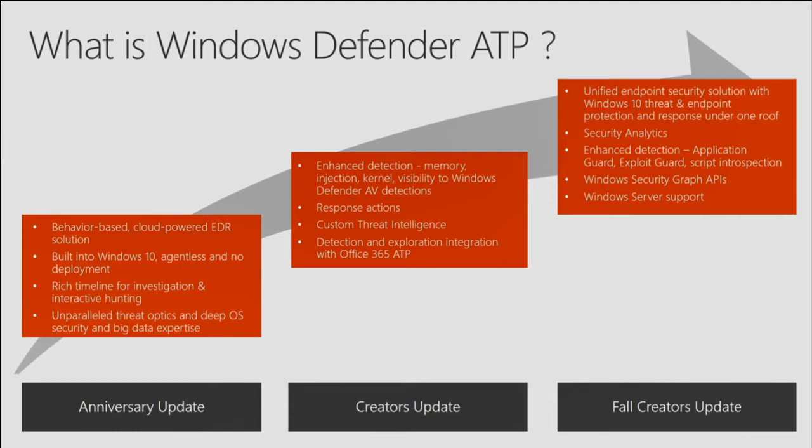And then back to the Creators Update, that was the first journey of integrating the three ATP products that we have. We have Office 365 ATP, and Azure ATP for users, which was previously Microsoft ATA, an on-prem solution that we could not connect with.